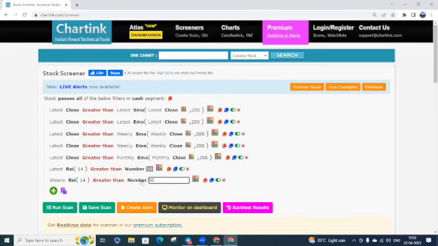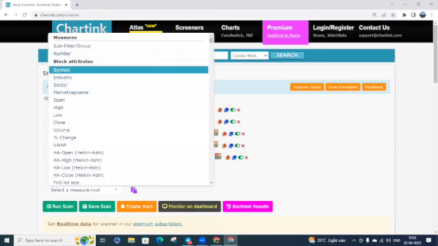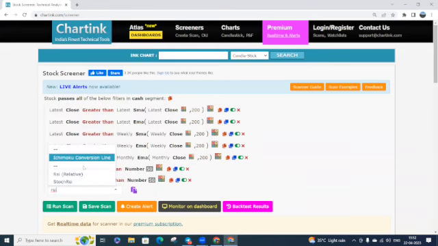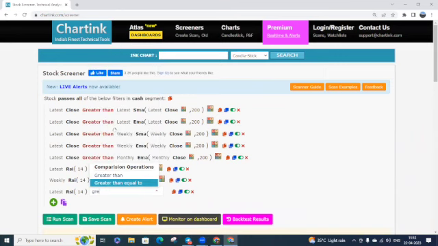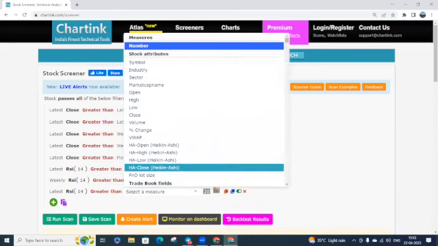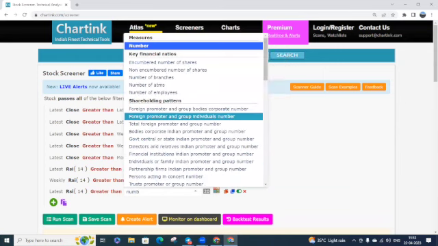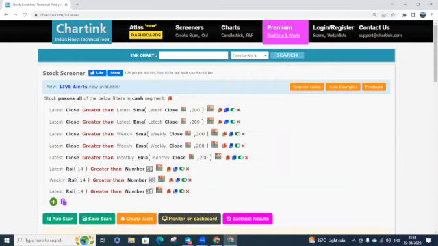RSI value should be greater than 50, so greater than 50 is 51, correct? Greater than 50 is fine. So weekly, and then I need RSI monthly, number again 50. So I have all the three things covered.